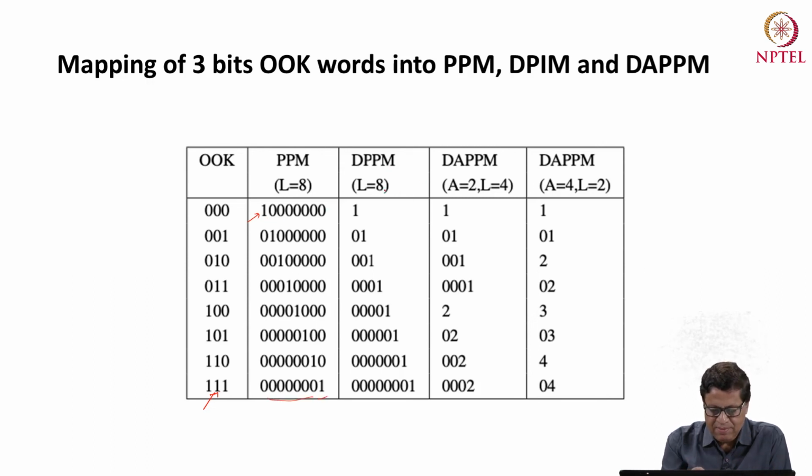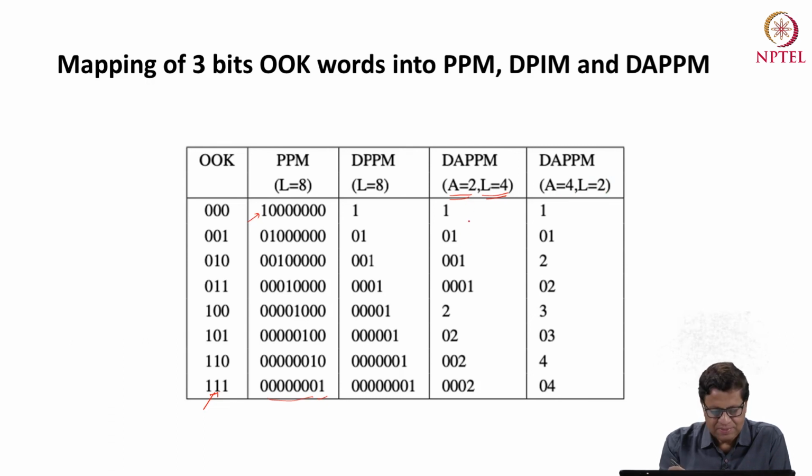This is DPIM. So you will have less number of bits per symbol. And for DAPPM, I have taken 2 examples here, where A is equal to 2 and L is equal to 4, and another example where A is equal to 4 and L is equal to 2.